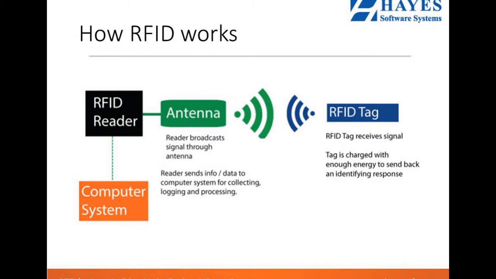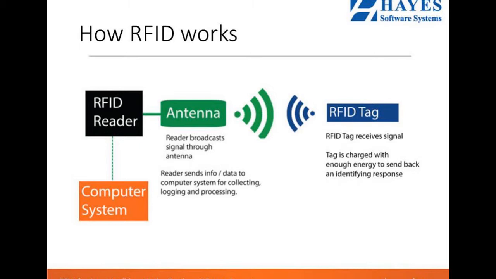Behind the scenes of all those different uses is radio frequency identification, which we'll shorten to RFID. This technology uses radio waves to exchange data between a reader and an electronic tag attached to an asset, making the identification and tracking of the asset easier and more reliable.